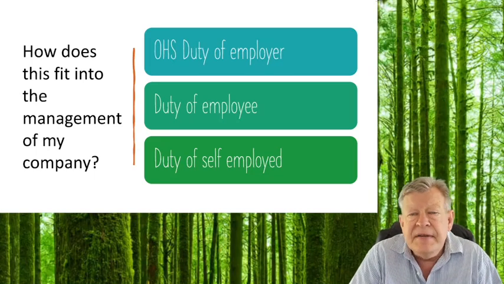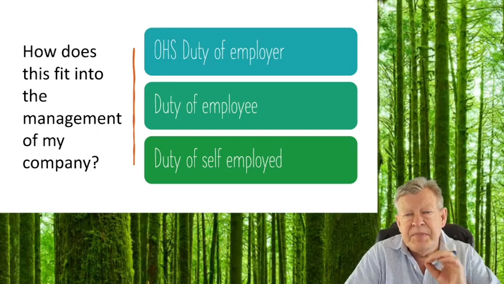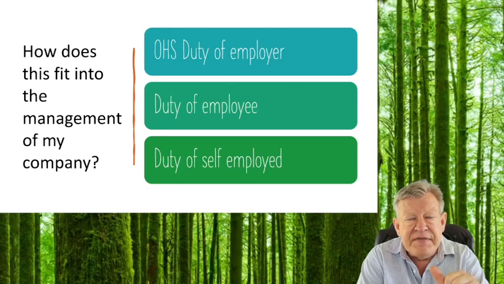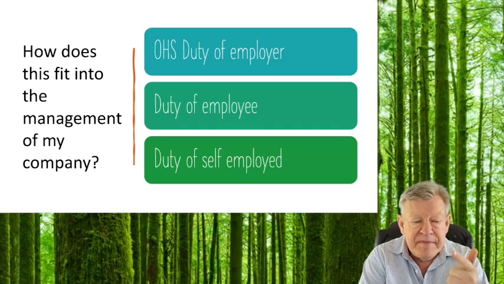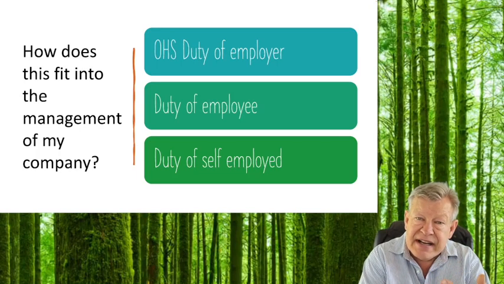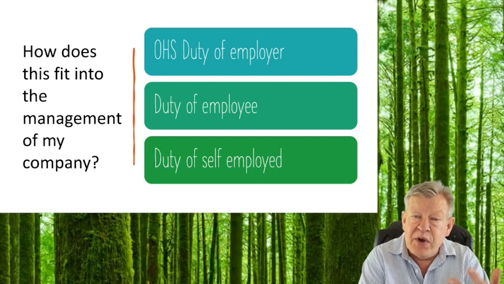Well, firstly, the Occupational Health and Safety Act says that the employer has a duty to provide safe systems of work, to identify all the hazards, to put means into place that will prevent these dangers, these hazards, from making people sick or injuring them.